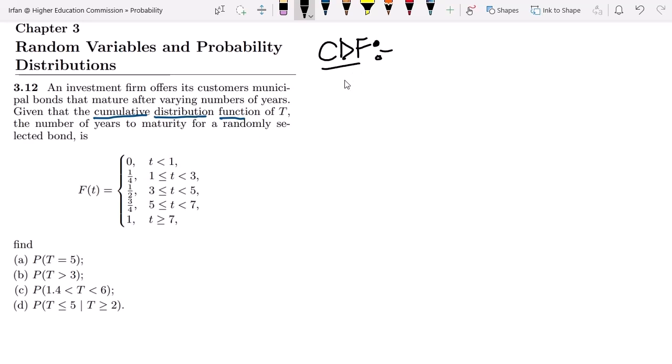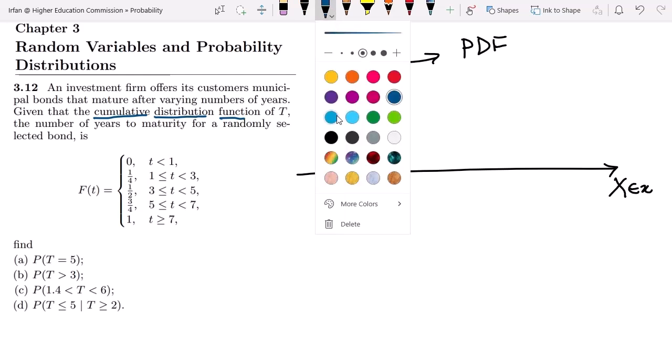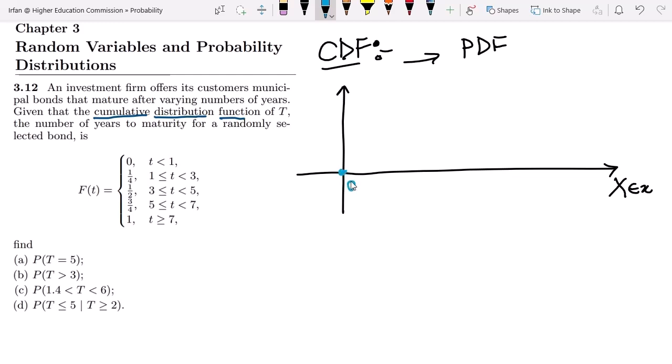Before discussing this CDF, we must have another function, which is called PDF or probability density function as well. Let us suppose a PDF in which the random variable is x and all the values of x are written here. The values of x are 0, 1, 2 and 3. Such that the probability of x equal to 0 is, let me have it equal to a.